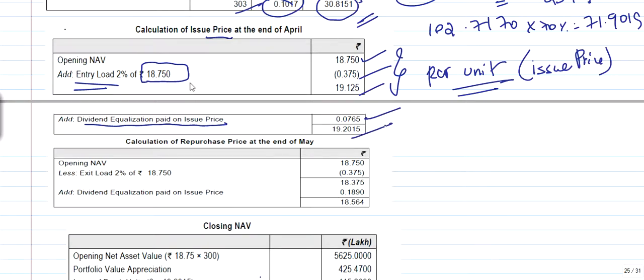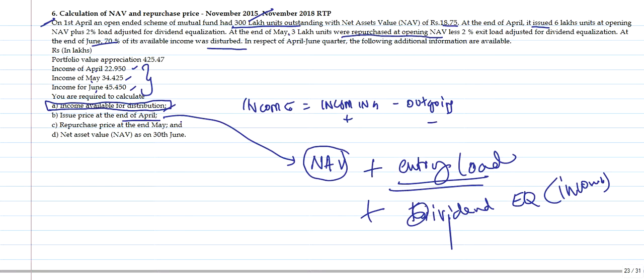You will get 19.2015 as the issue price. So what is the third question? Repurchase price at the end of May. One more point, it is given that in case of repurchase, NAV less 2% exit load. In case of issue, NAV plus 2% load. That has to be read carefully.